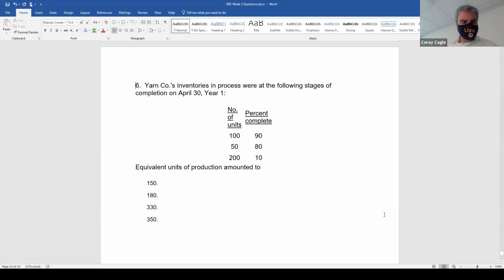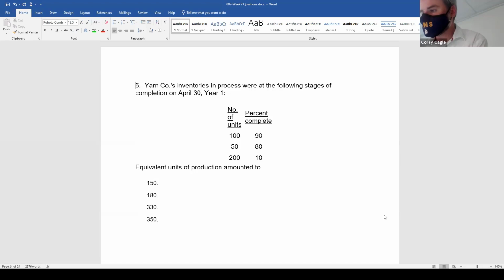Glancing at number 6 here, this is kind of an unusual question, but easy enough, right? Inventories in process were at the following stages of completion: 100 units, 90% complete, 50 units were 80% complete, 200 units were 10% complete. How can all of that be restated as equivalent whole units?